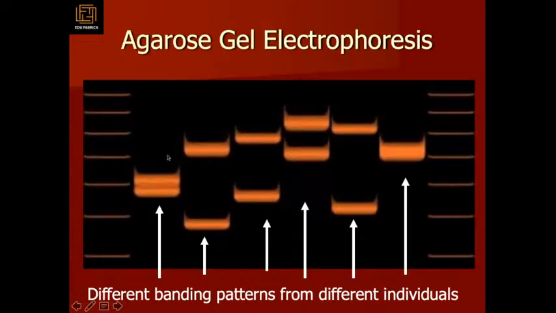So like this, on agarose gel electrophoresis, we see different banding patterns. This is the molecular marker at the end, and these are different individuals showing different banding patterns, with some bands doubled and some separated at different levels.